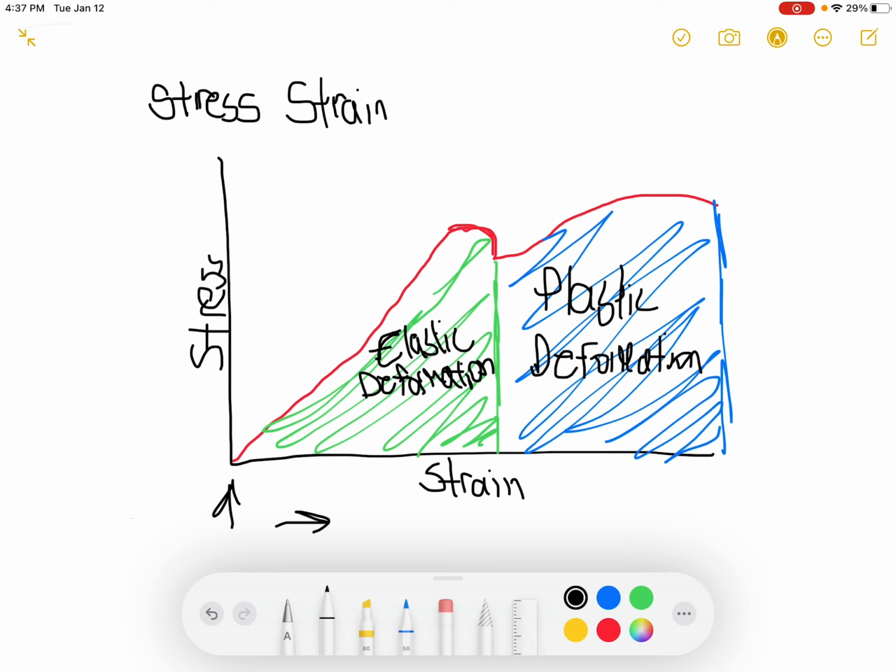The point that's directly across at the bottom of this hump is called the proportional limit. So that's the limit of how much stress there can be, because the stress immediately goes down and goes constant, and strain occurs. So proportional limit.